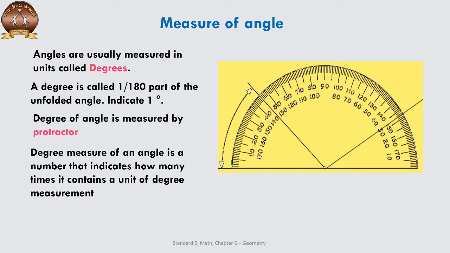Now, starting from 0 from over here, it ends till 170 and here comes 180. So a degree is 1 upon 180th part. Each line represents 1 degree. So wherever your angle falls, those many degrees are there.